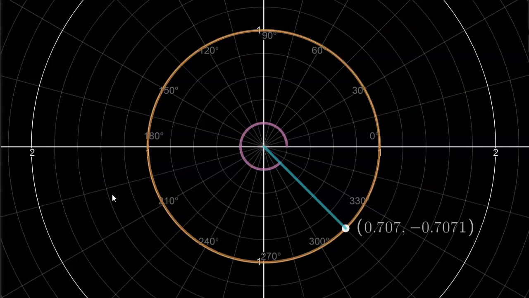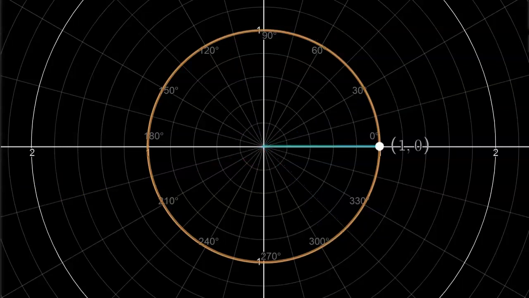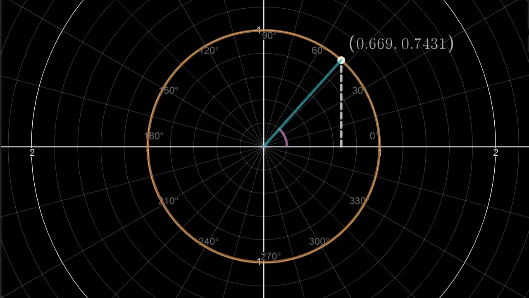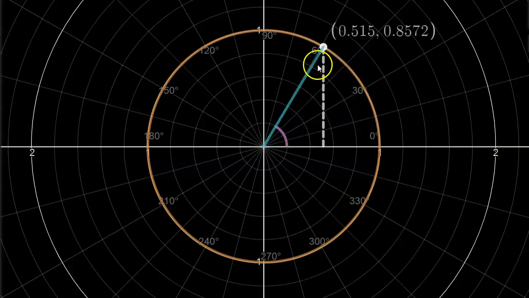Okay, so the question is, why does this work? Well, let's go back to the first quadrant and add the vertical. So as I rotate, you can see the vertical line connecting the point to the x-axis.